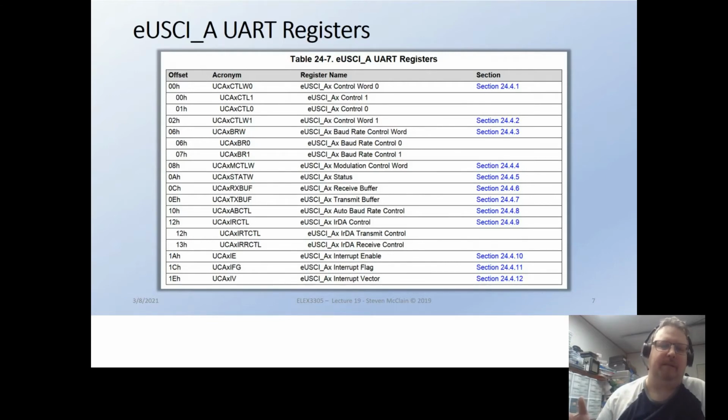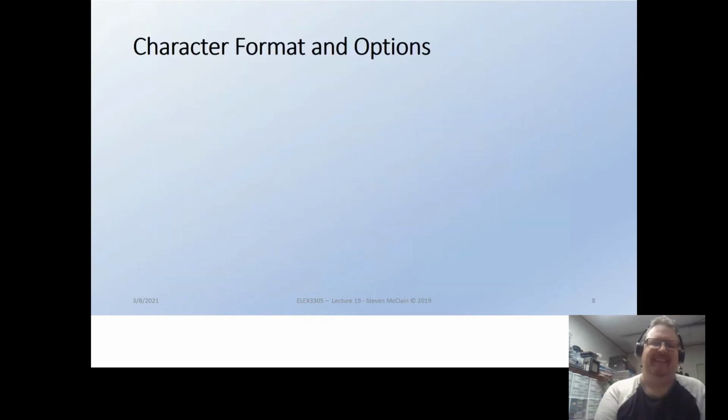You know what that does. You don't even have to look it up. UCAxIE, interrupt enable. You know what that one does. Essentially, you'll want to look it up to see what flags mean what. But as far as the basic mechanism of the register itself, you know why you want to look for it. You know why you want to go to section 24.4.10, because you want to figure out what flag is what. But the flag thing is not going to be a surprise.